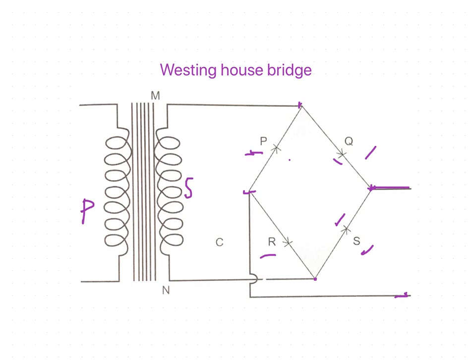So when the direction of alternating current is such that M is negative and N is positive, the current passes from M through the rectifier Q. It will not pass P because it does not allow the flow of current. So the current will move from M to Q and then it reaches the external circuit, isn't it? So the output circuit, and rectifiers P and S are preventing it from taking any other pathway.